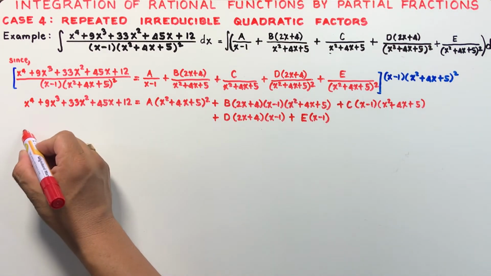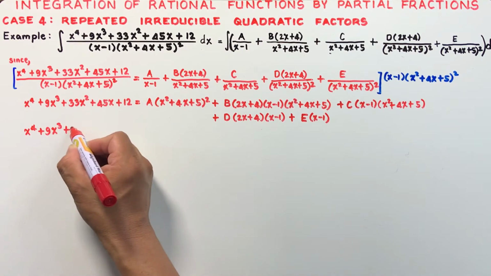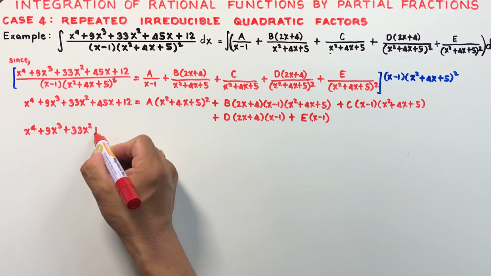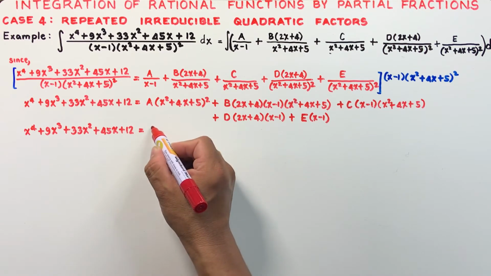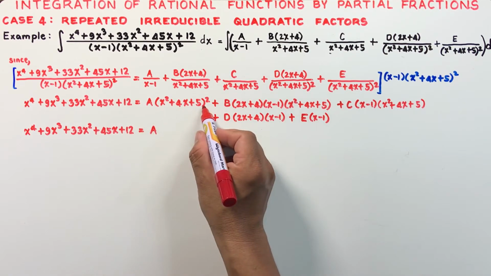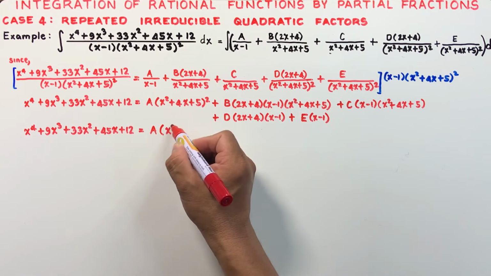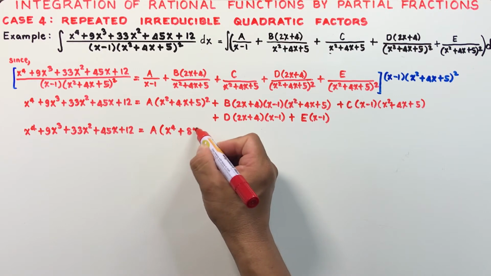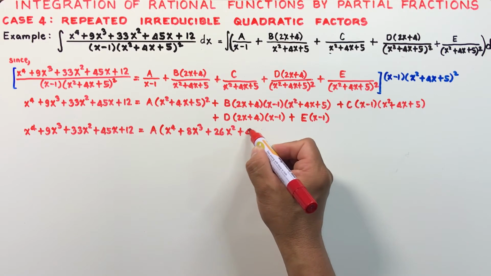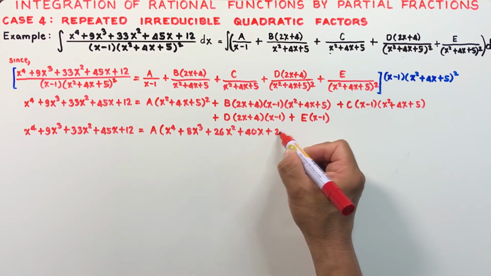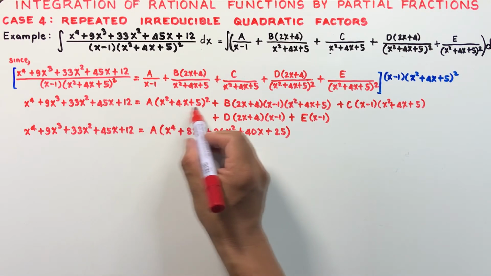So we have x to the power 4 plus 9x cubed plus 33x squared plus 45x plus 12, which is equal to a times the square of this trinomial, and the square of this quadratic is x to the 4 plus 8x cubed plus 26x squared plus 40x plus 25, and you can check when you multiply this quadratic by itself.